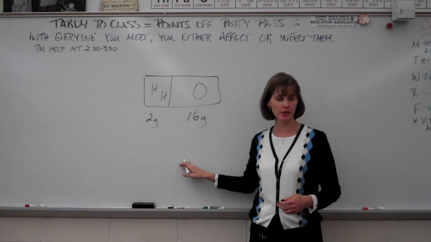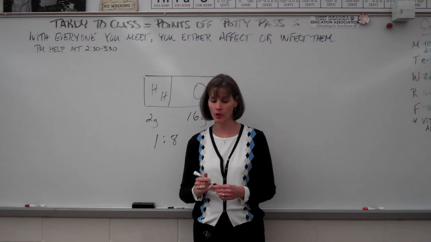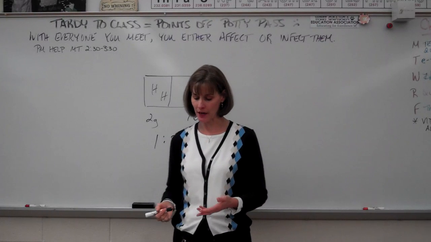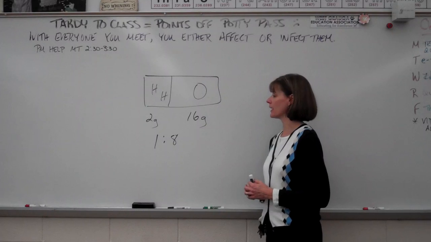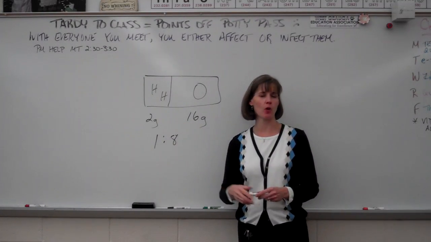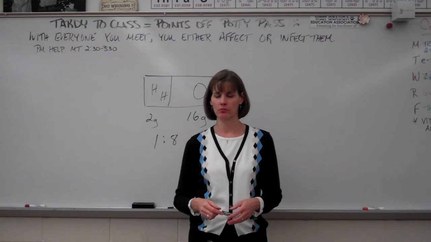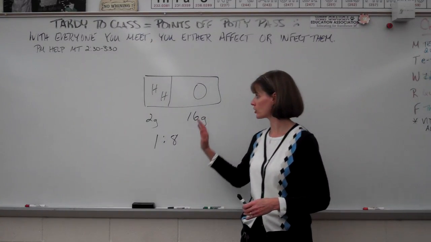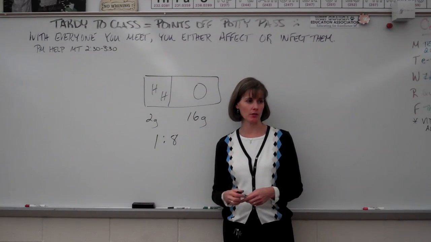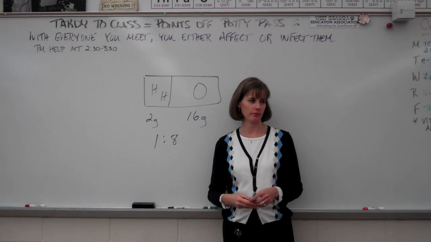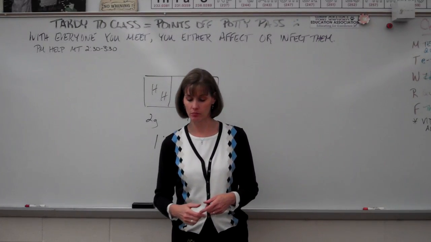What ratio is that? 1 to 8. So say you want to make 32 grams of water. What's the ratio between hydrogen and oxygen if we're making twice as much water? 1 to 8. And this question will have some numeric examples to show that.